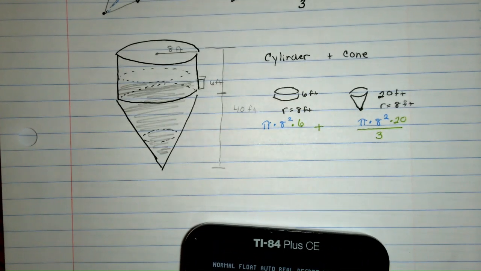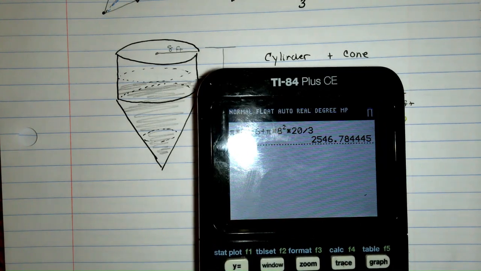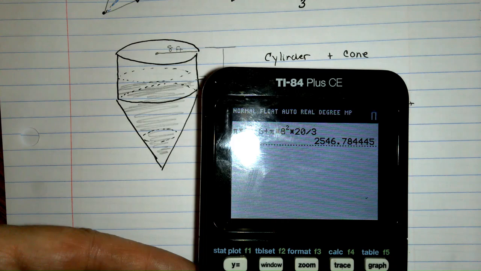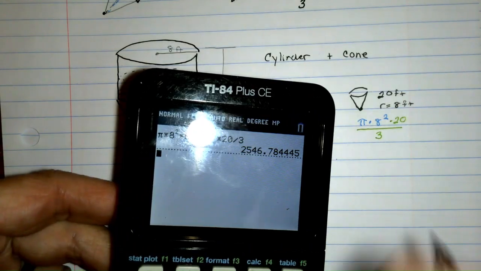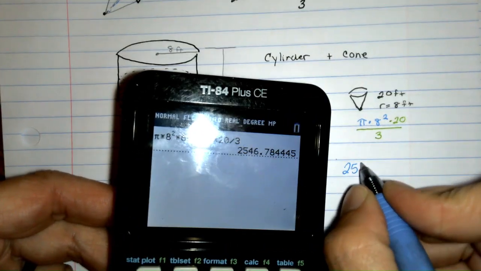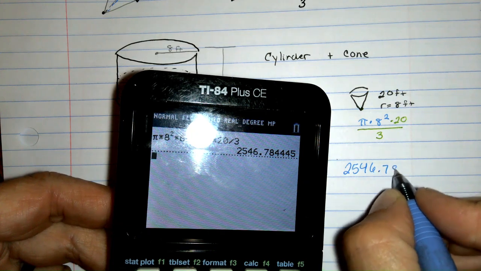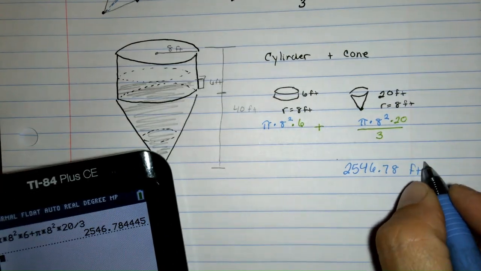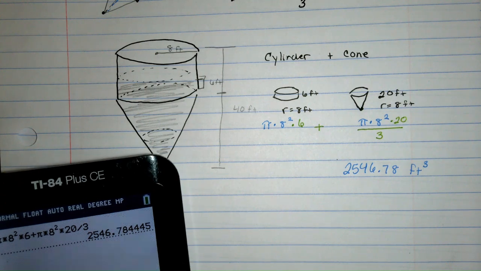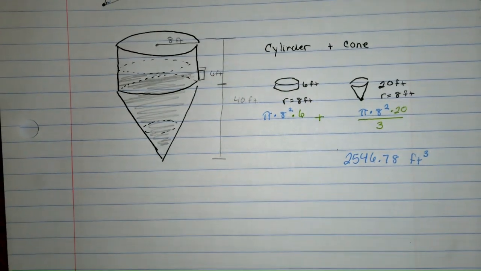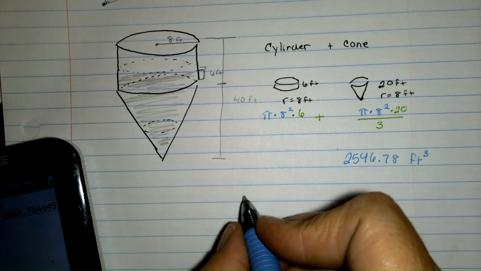Pi times 8 squared times 6 plus nope. I was right. Just double checking. So we have approximately 2,546.78 cubic feet of grain.